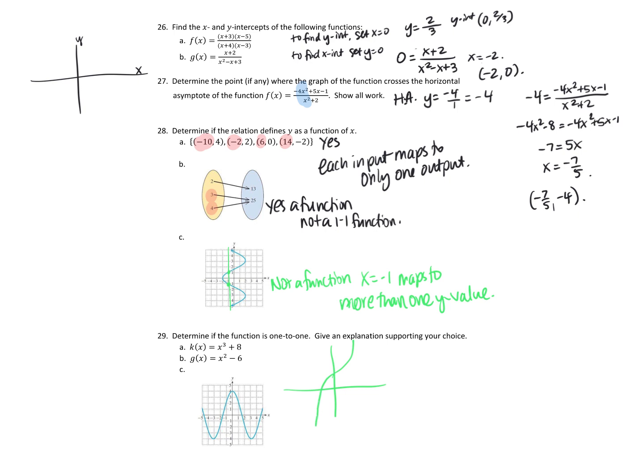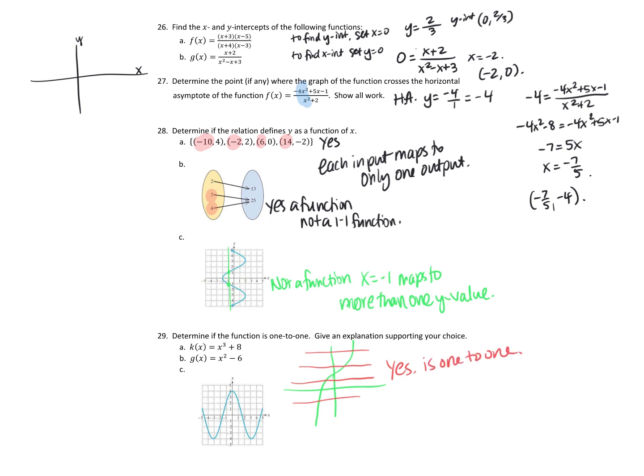X cubed plus 8. So each input has only one output. I can do this by doing a horizontal line test and seeing does each output have only one input. And so this one is one-to-one.